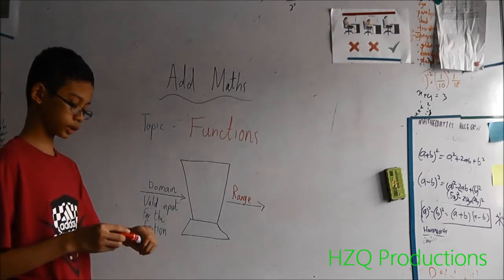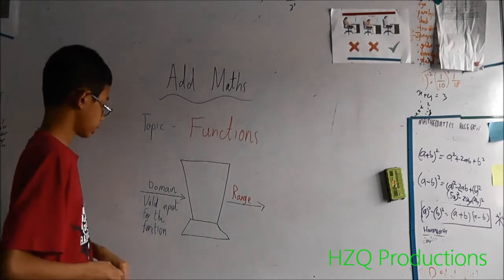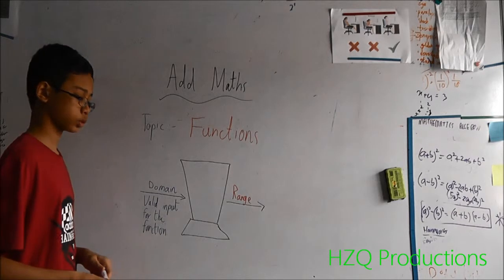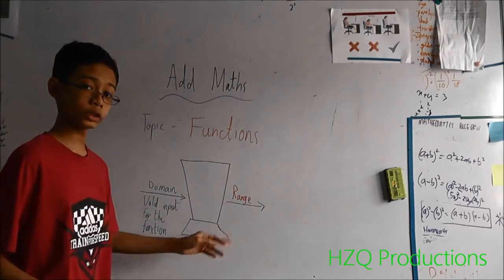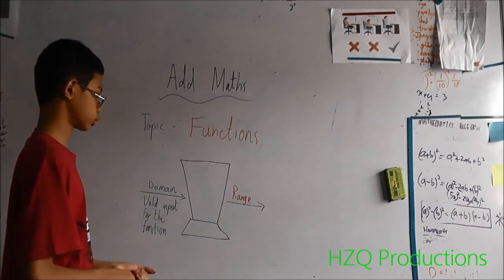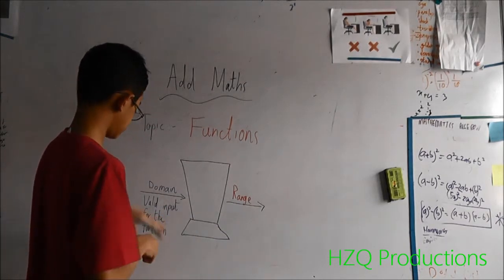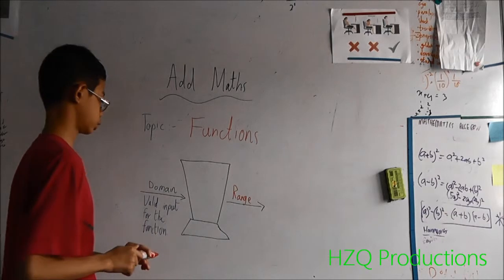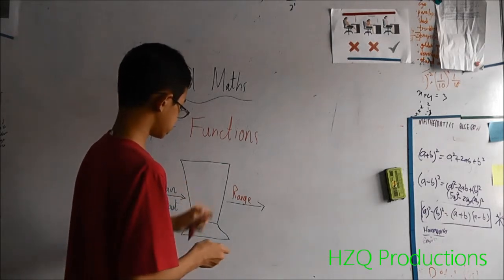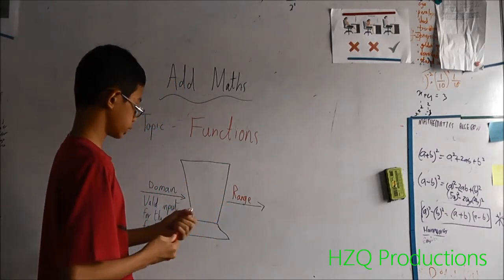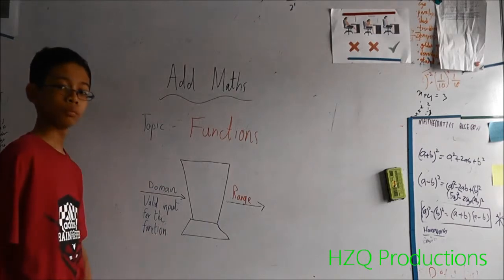You can call the domain an input, or an object, sorry, and you can call the range an output or an image. So this is the object and this is the image. So it's the image of the object. That's why you can call it a juice.